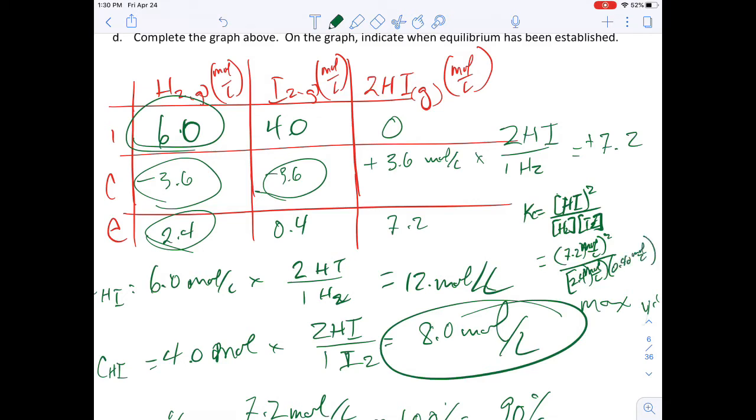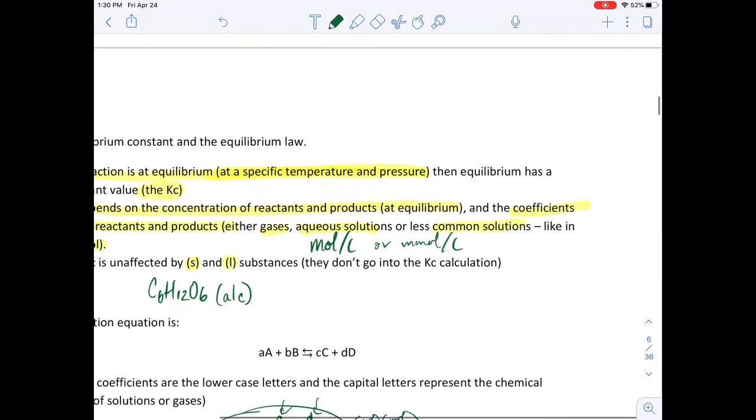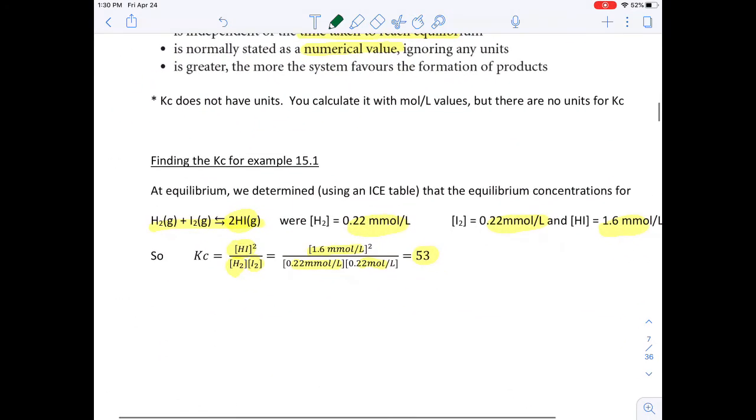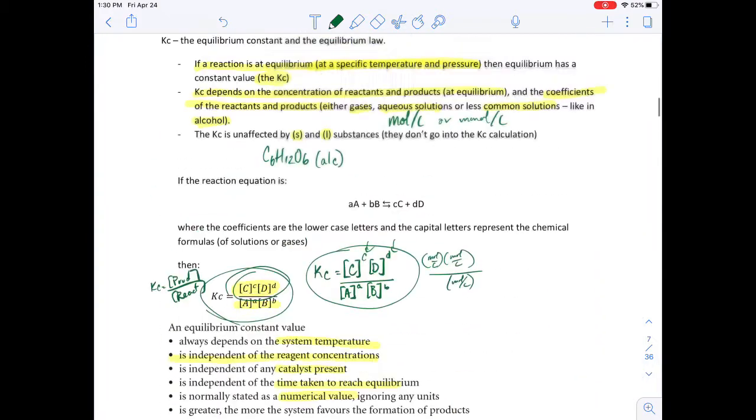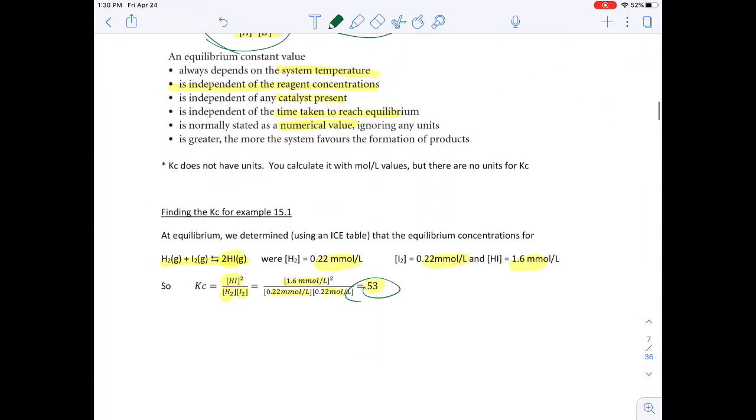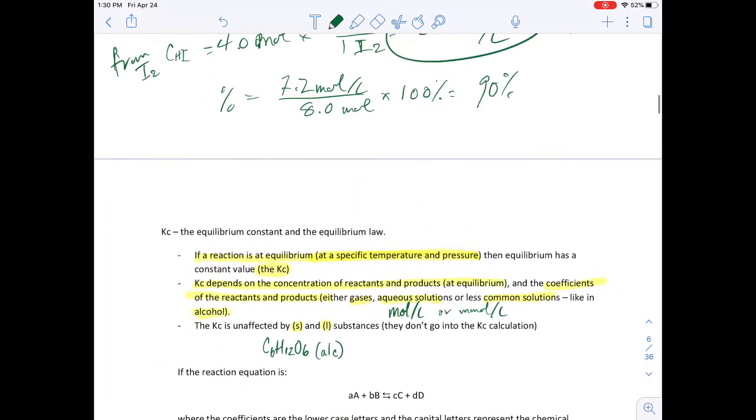When I put that into my calculator, I'm going to get 7.2 squared divided by 2.4 times 0.40, and I get a Kc of 54, which is almost the same value as we had in this question here.